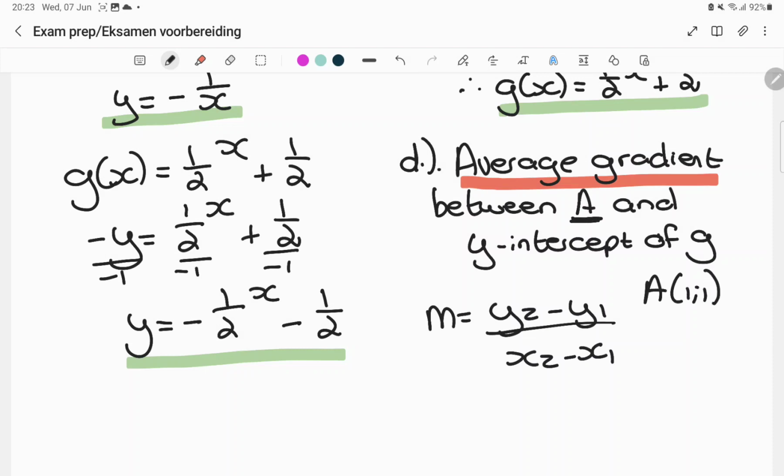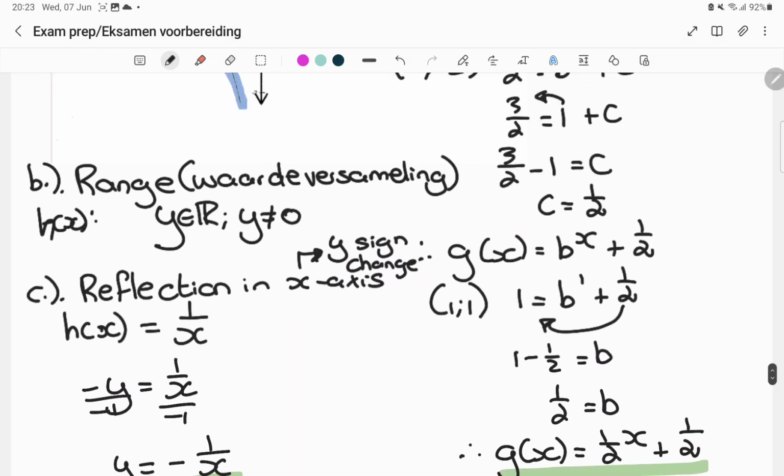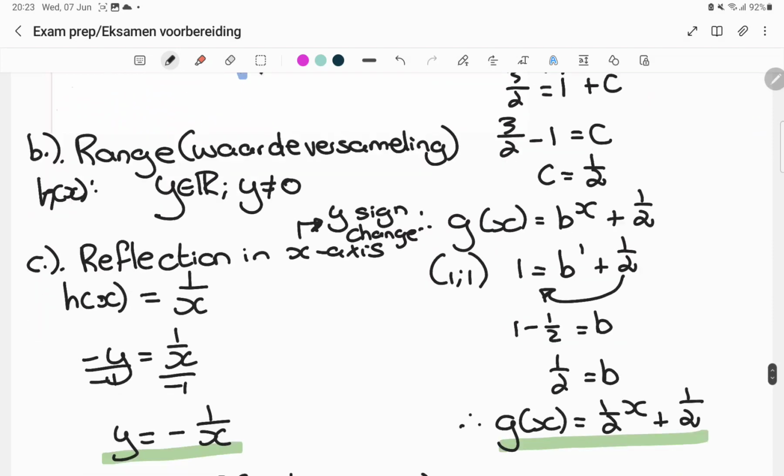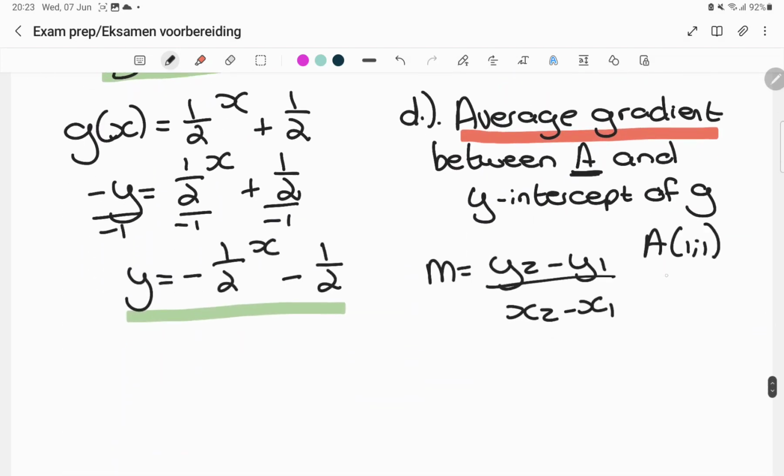And we're going to get the coordinates of my intercept of g. So my y-intercept of g is at the point 1.5, so 3 over 2. So my second point, let's call it point B, will be 3 over 2, 0. No, sorry, other way around, it's a y-intercept, so it will be 0, 3 over 2.